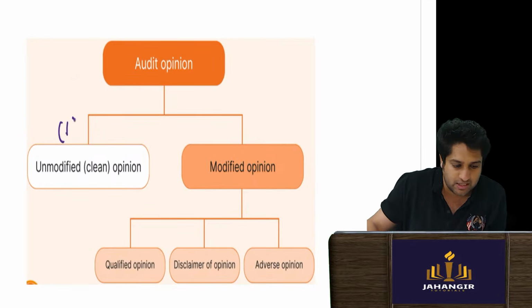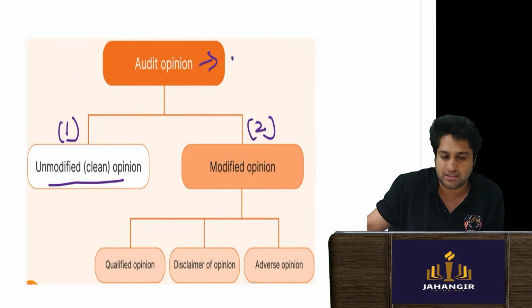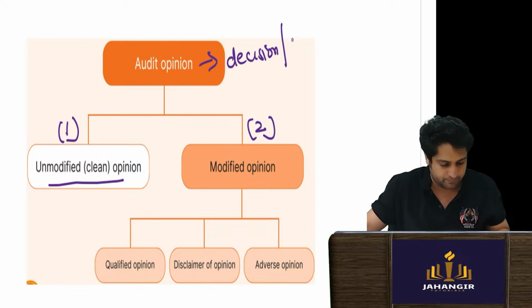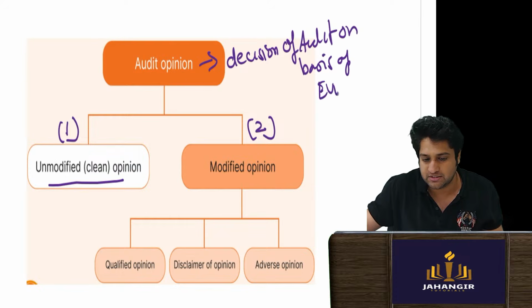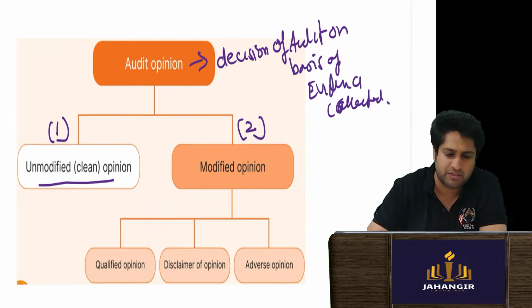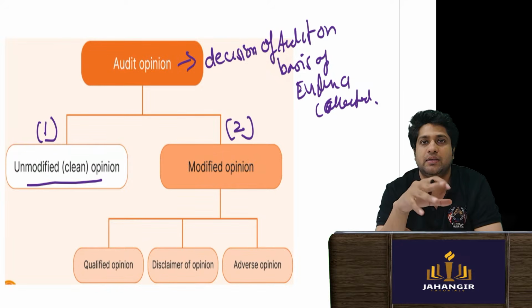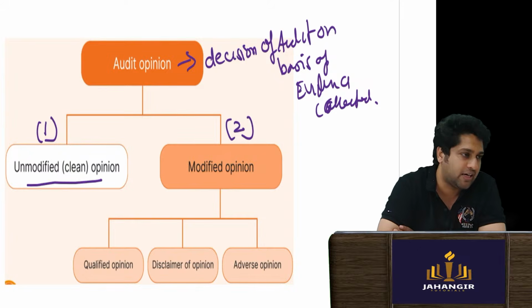One is called unmodified and the other is called modified opinion. So what do you mean by audit opinion? Audit opinion means the decision of the auditor on the basis of the evidence collected.